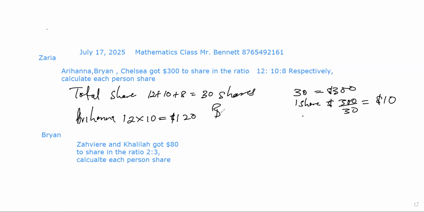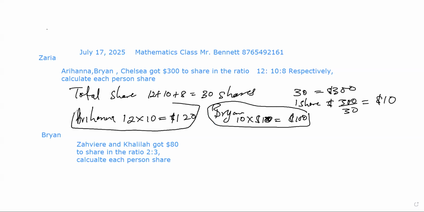Brian's share, 10 shares, equals 10 times 10, which equals $100. Chelsea's share, 8 shares, equals 8 times 10, which equals $80.